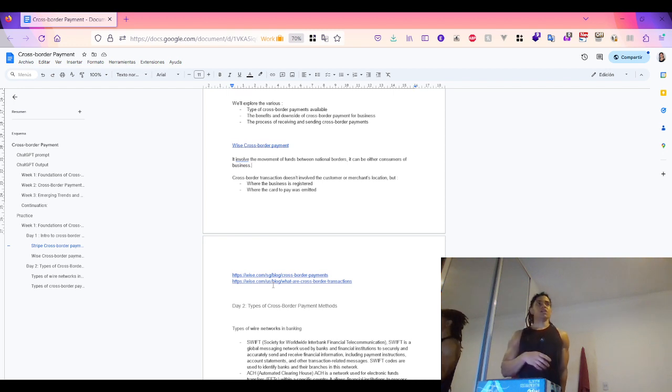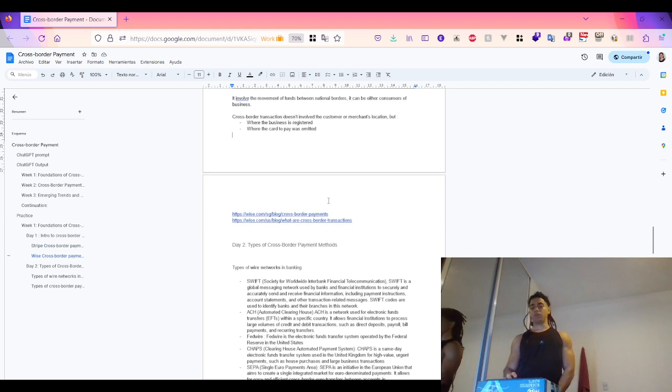For example, if your credit card was issued in Italy and you are buying a specific beer, or a course from Germany, that transaction is counted as a cross-border payment, according to the Wise cross-border payment blog section.